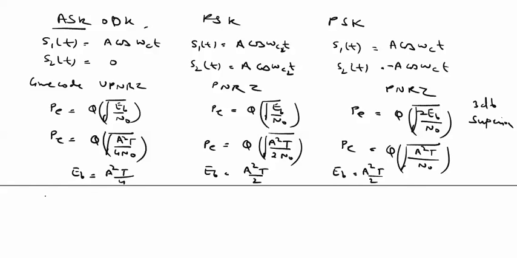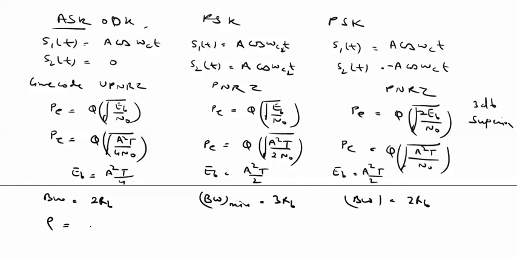Bandwidth occupied in this case is twice Rb. This is the minimum bandwidth for FSK; it might be more than this. Bandwidth efficiency for ASK is Rb upon 2Rb, which is 0.5.